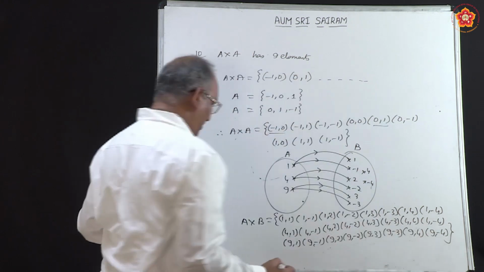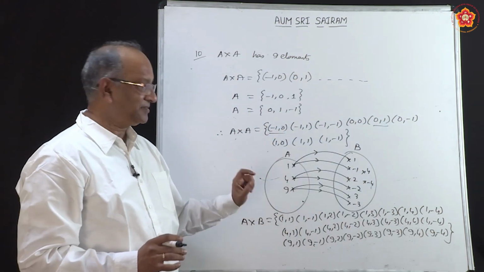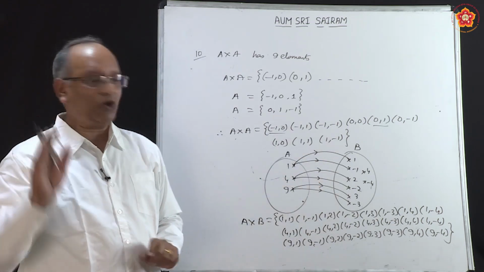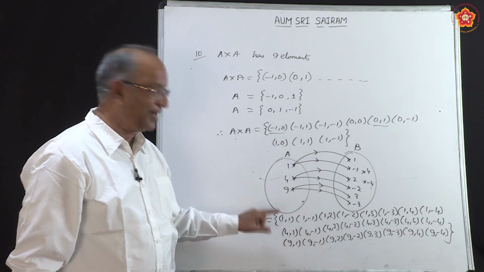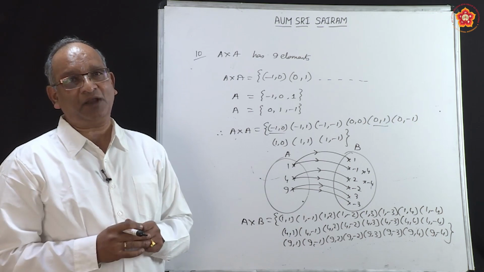Together we call it the Cartesian product. The first set had 3 elements, the second set had 8 elements, 3 into 8, we got 24 elements in the Cartesian product. But how many elements are forming the relation?